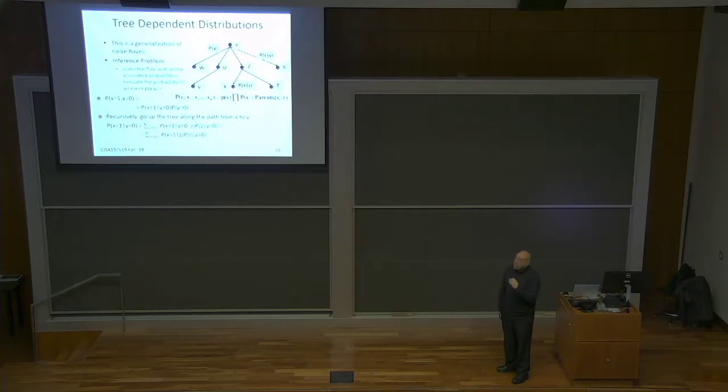The second one is true because it's a Bayesian tree, and therefore, given Z, X is independent of Y. I just dropped Y from here. And then I copied P of Z given Y because I know P of Z given Y. There is a direct edge from Y to Z. It's one of the conditional probability tables. And basically, I'm done. So now we have, again, everything in terms of the CPTs.